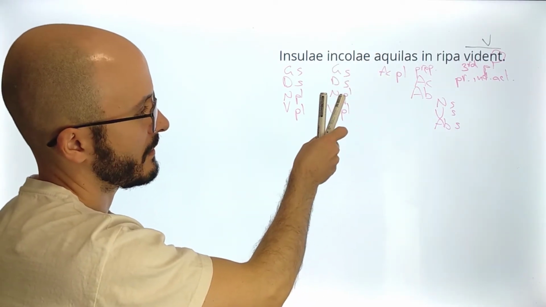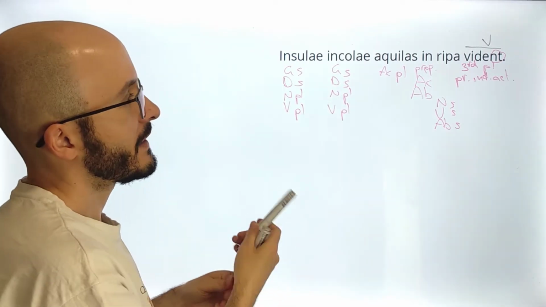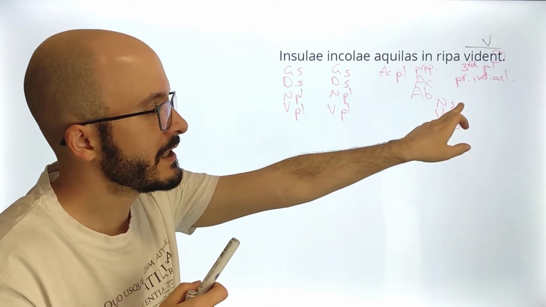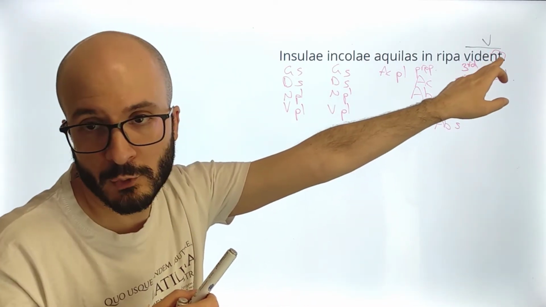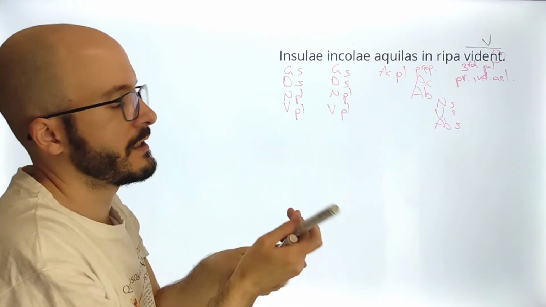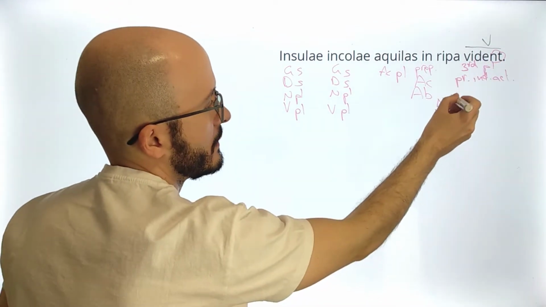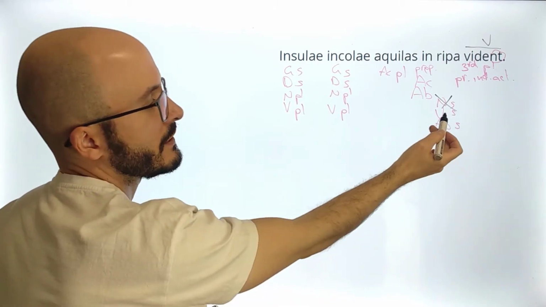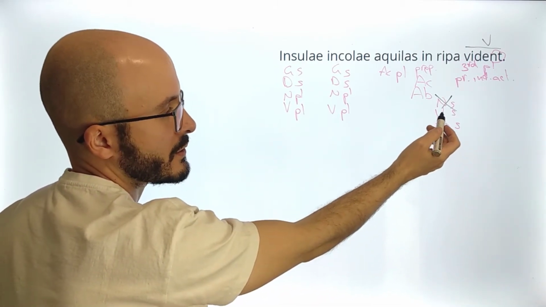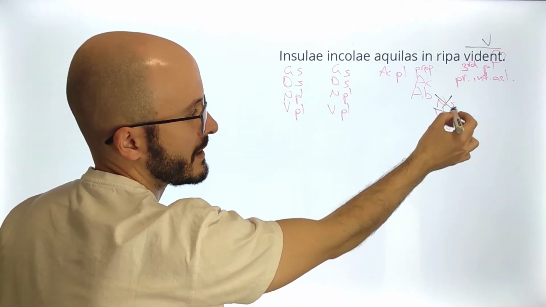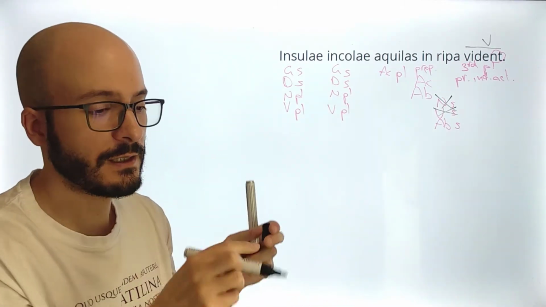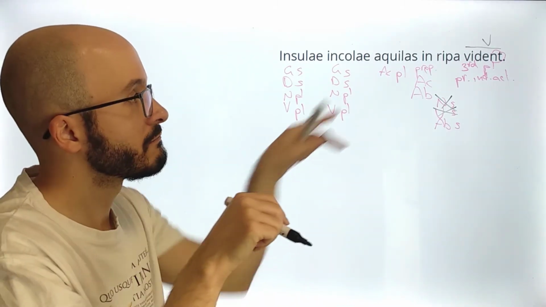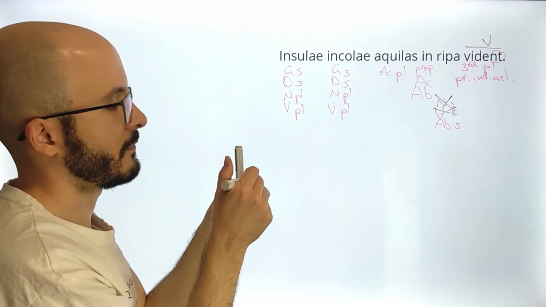Here we have something which is possible. Here we have nominative singular, but since the verb is plural, this cannot be the subject, so we can cross it out. Also, we could cross out this vocative, because we said that vocative is always written between commas, and there are no commas here, so it cannot be vocative.